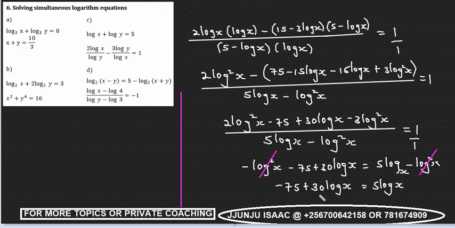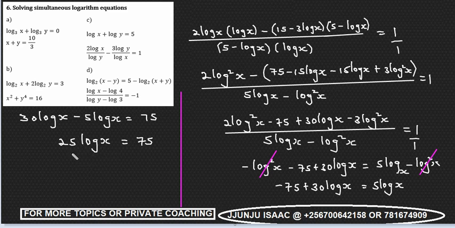So here we can take negative 75 to the other side and 5 log x this side. So we shall have 30 log x minus 5 log x equal to 75. So here we get 25 log x equal to 75.